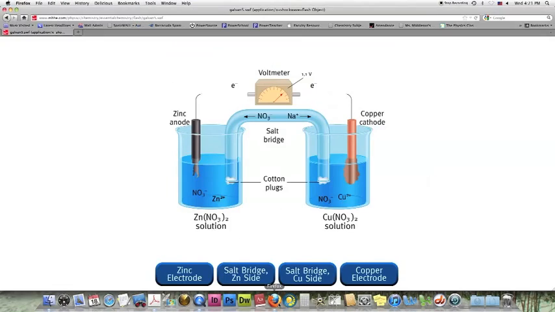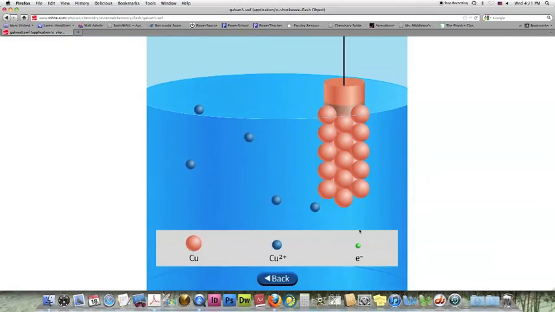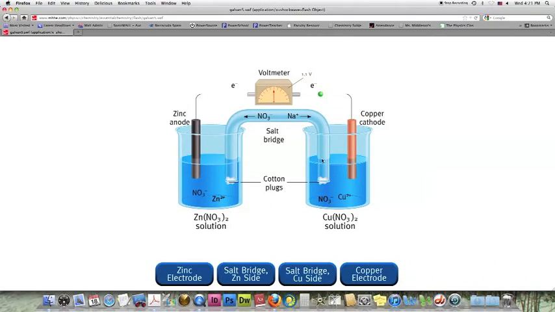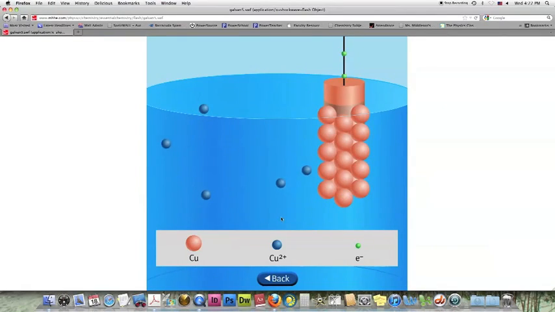If I switch over here quickly, this is that animation that we've looked at several times with zinc and copper. Just to go back and remind you, this is the zinc and copper combination where copper 2+ is getting reduced, zinc is getting oxidized. And as copper 2+ gets reduced, that means that the amount of copper 2+ in solution is decreasing, just by definition of what's happening.